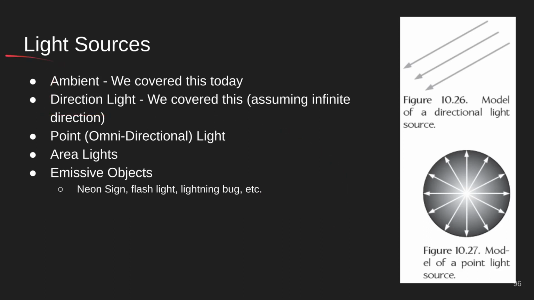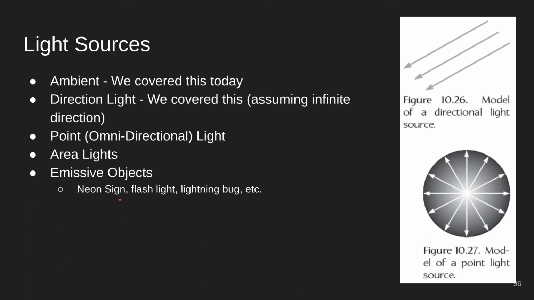Again, this is just the different light sources. We've talked about an ambient light, and we've talked about a directional light, assuming we have a light in our scene that goes on forever. But there are other kinds of lights. There's something like a point light, area lights, emissive lights.